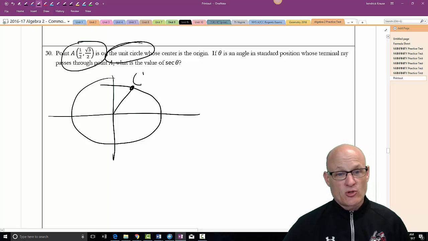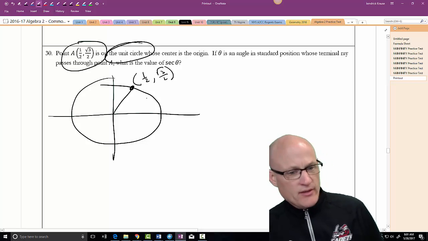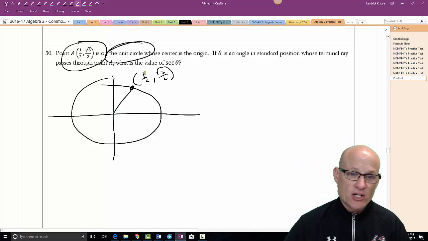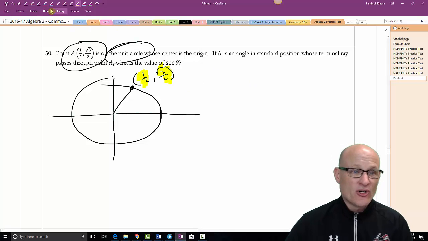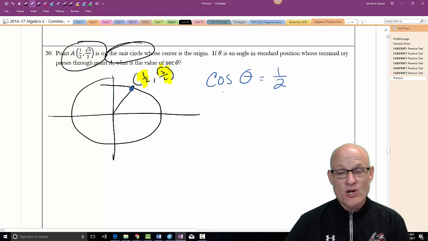If it's on the unit circle, 1/2, comma, square root of 3 over 2, then the x value is actually cosine. That's cosine. This would be sine. So I know that the cosine of theta is equal to 1/2 because it's on the unit circle. I know that.